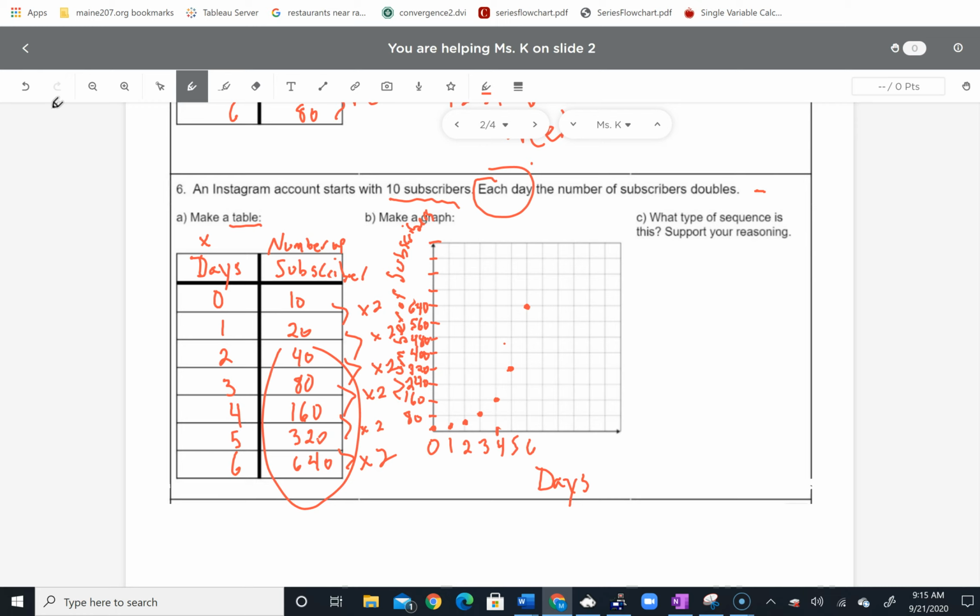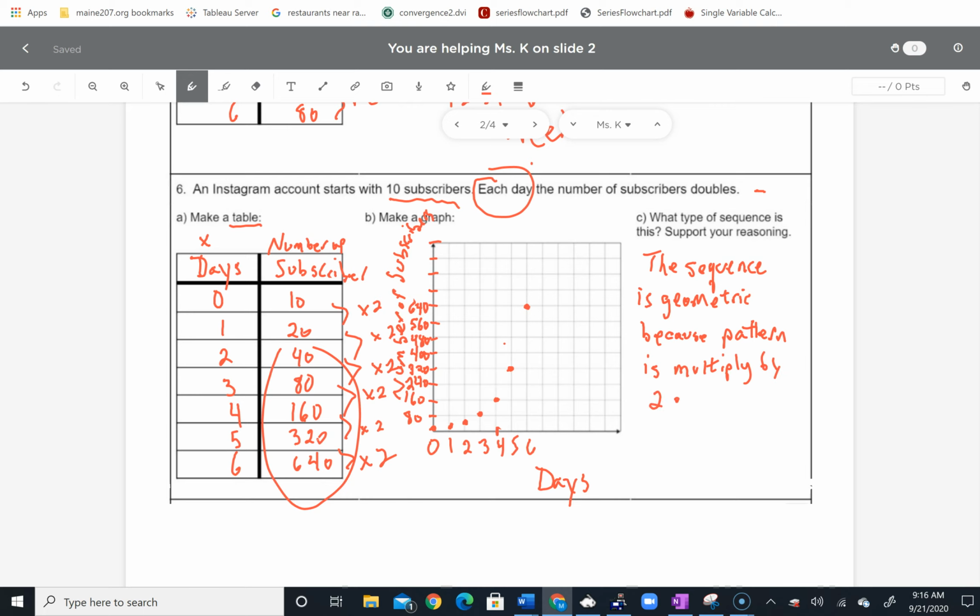What type of sequence? The sequence is geometric, because the pattern is multiply by 2 each time.